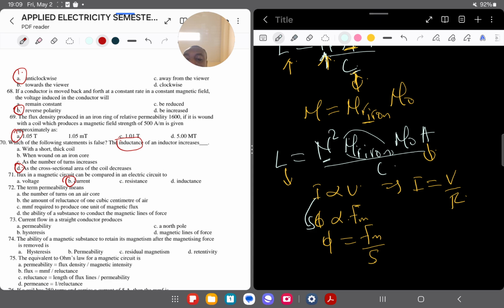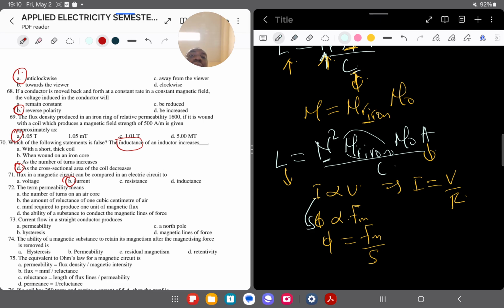That is wrong. And then D, the ability of a substance to conduct the magnetic field lines of force. So that is what I talk about. Here is the same definition, but it is framed in a different way. The ability of a substance to conduct the magnetic lines of force means the ability of the material to establish or conduct a magnetic field.